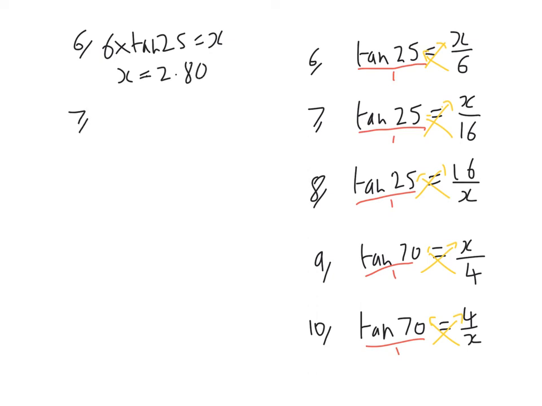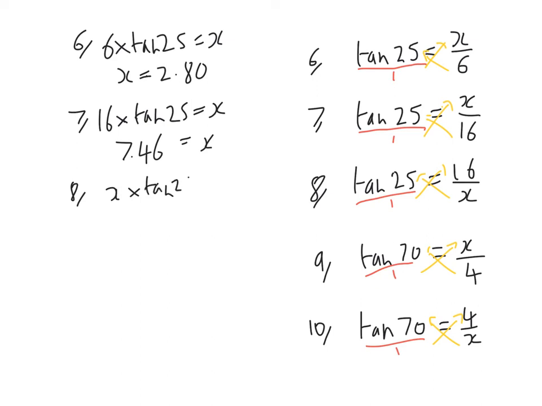Number 7, we'd have 16 times tan 25 equals x times 1, or simply x. And that gives 7.46. Number 8, this time we've got x times tan 25 equals 16.